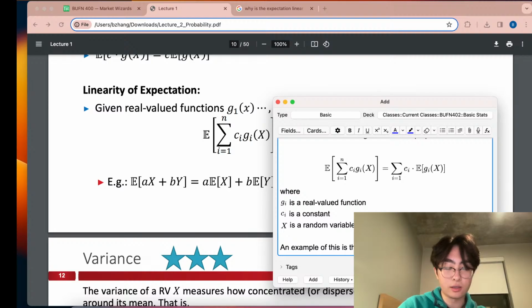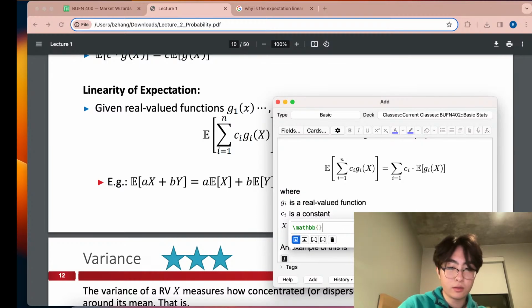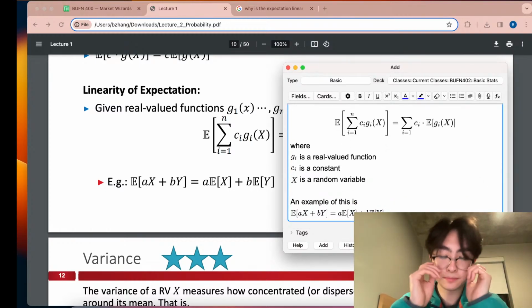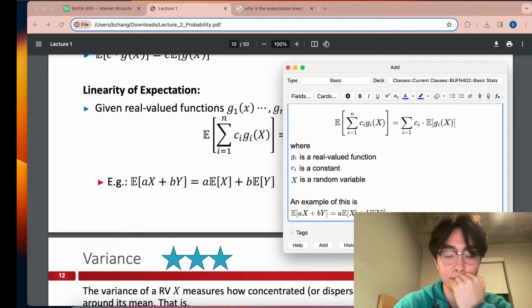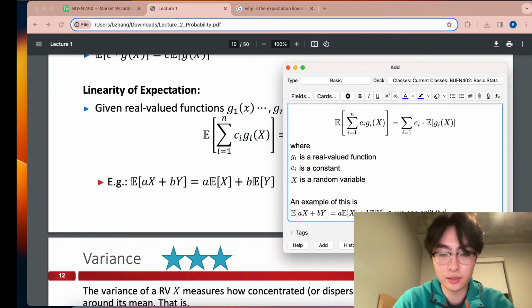An example of this is the expectation of aX plus bY is equal to a times the expectation of X plus b times the expectation of Y. So we can split the expected values.